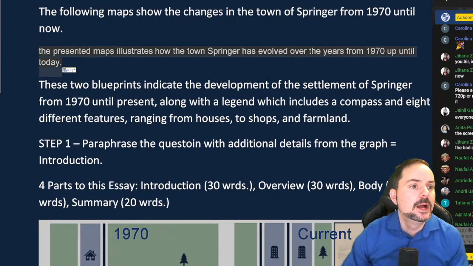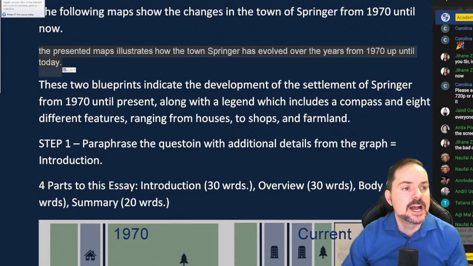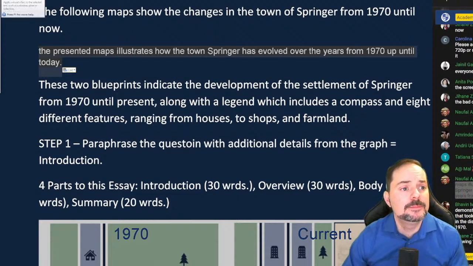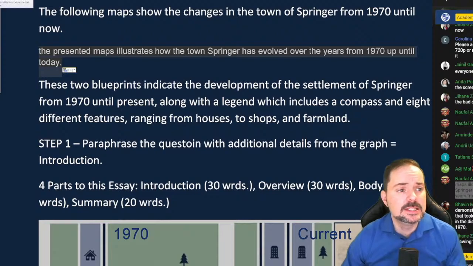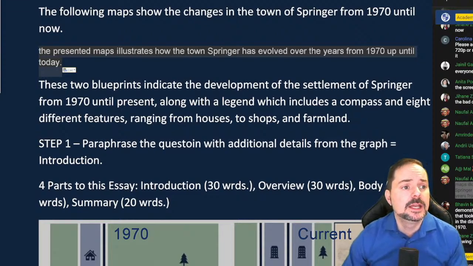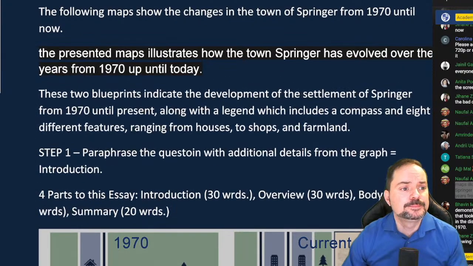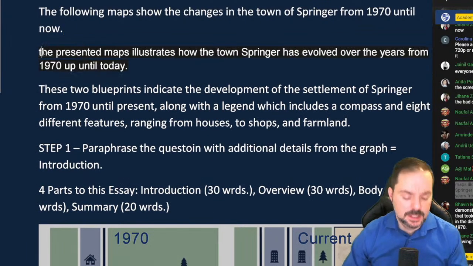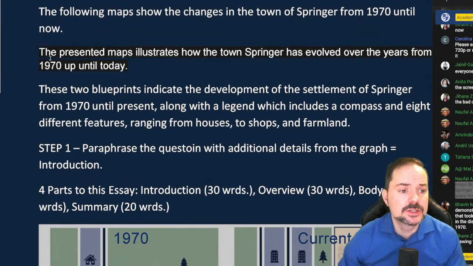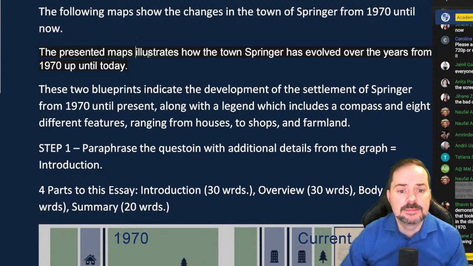Okay. And Nafal, I know it's the chat and you're typing quickly, but Nafal and everybody else, do pay attention to your capitalization, because if you're not consistent with your capitalization, it's easy to make a mistake in the actual exam or in your writing. So it's the presented maps illustrate. Okay, watch this mistake here, Nafal.